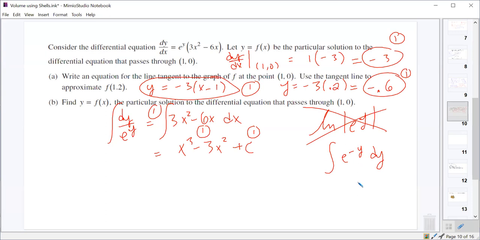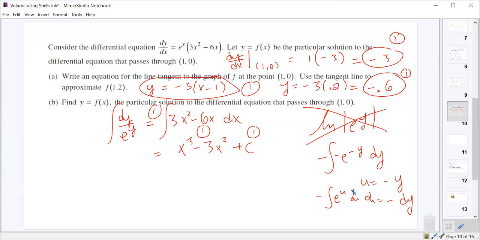And then you'll do a u sub with u equal to negative y and du equal to negative dy. Put your negative inside and outside, and you've got the integral of negative e to the u du.